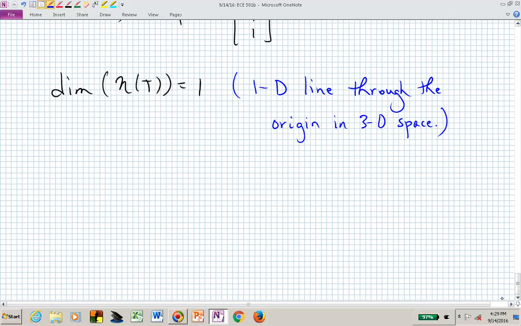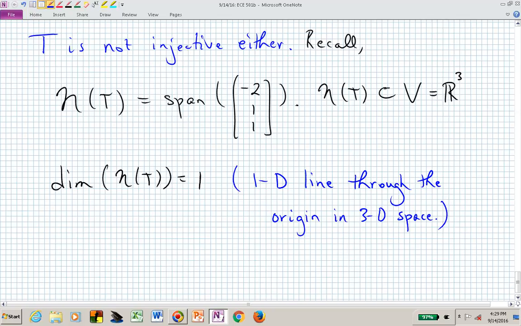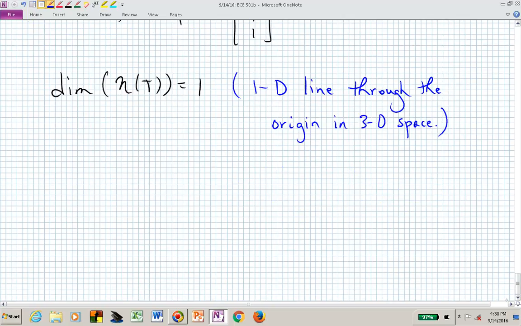And any point on that line will now map to the 0 vector in R5, in W. So we just have to live on that line given by -2, 1, 1. So now if you were trying to visualize this, you could step -2 in the x direction, 1 in the y, and 1 in the z, and draw a line in both directions through the origin, and any point on that line would map to the 0 vector in W.